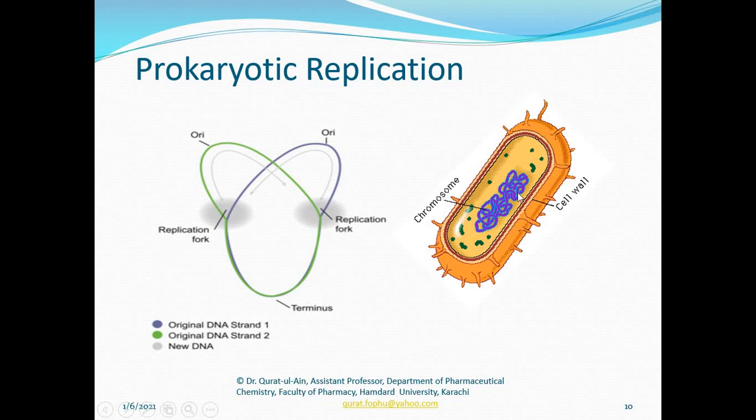E. coli always has one single circular double stranded DNA molecule. It will have only one single double stranded circular DNA molecule that is closed from all sides. So it will not be open anywhere. So it will be single circular DNA.